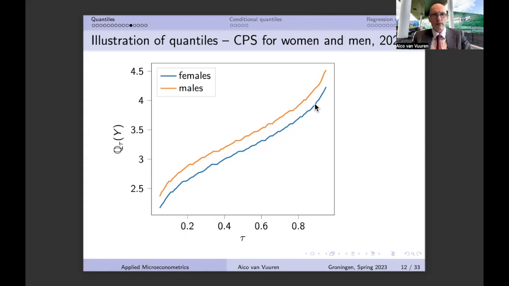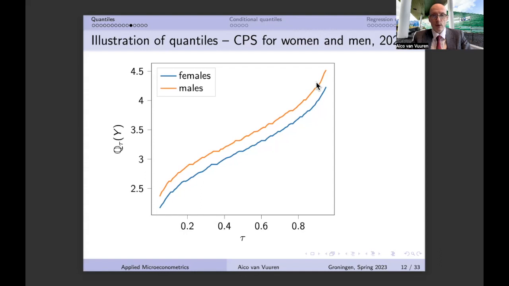Another thing that we see over here, and that's more particular to this application, is that the quantile function for the males is always higher than that of females. That is nothing else than saying that males have higher wages than females.